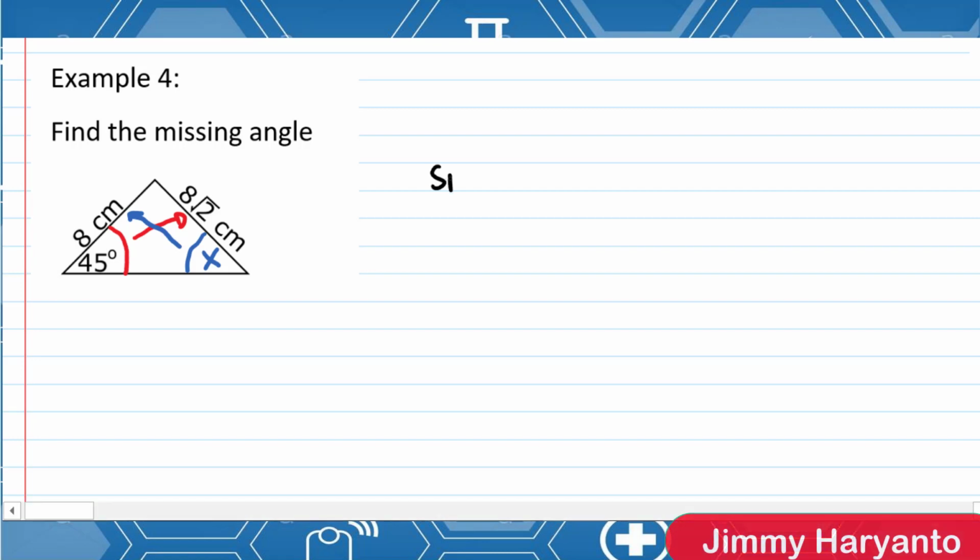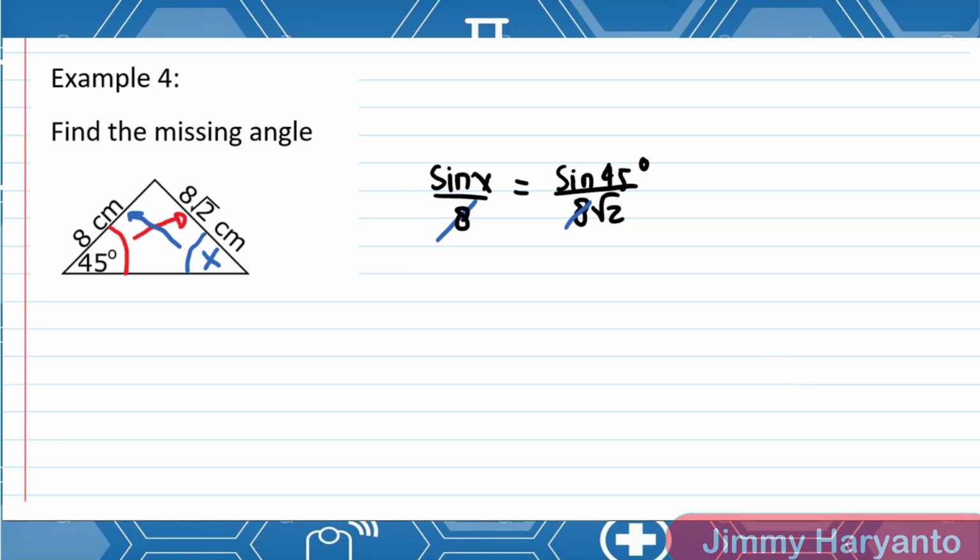Okay, so sine x over a equals sine 45 over 8 square root of 2. And then we can cross out the 8 first. After that, I will only have sine x on the left side, and then square root of 2 over 2 for sine 45, and then square root of 2 at the bottom.